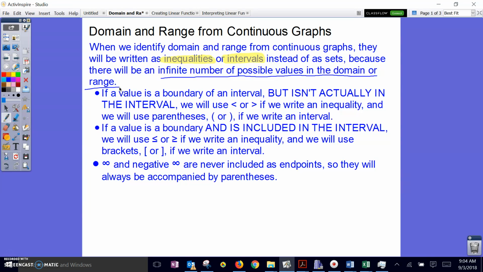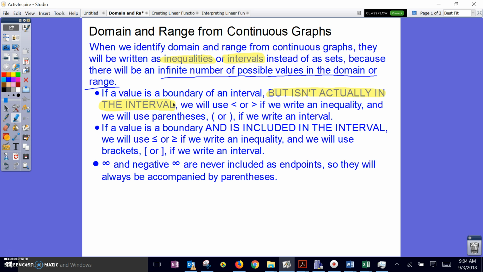As far as the notation for these, there are situations where we will use either less than signs, greater than signs, or less than or equal to signs, greater than or equal to signs when we're writing inequalities. And with intervals, we'll either use parentheses or brackets. Here we outline the way that we decide which sign to use. If we have a value that is a boundary of an interval, but it isn't actually part of the interval, this is where we'll see maybe open circles on our graphs, or an asymptote.